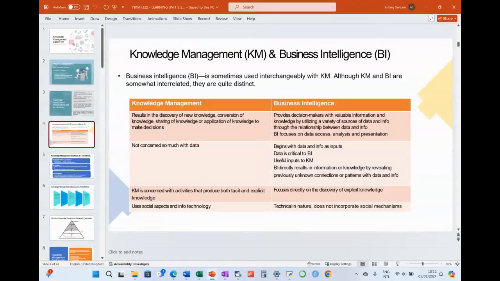BI directly results in informational knowledge by revealing previously unknown connections or patterns within data or information. Okay, then it focuses directly on the discovery of explicit knowledge, very specific stuff. Then finally, it is technical in nature, as we spoke about, and does not incorporate social mechanisms, okay?